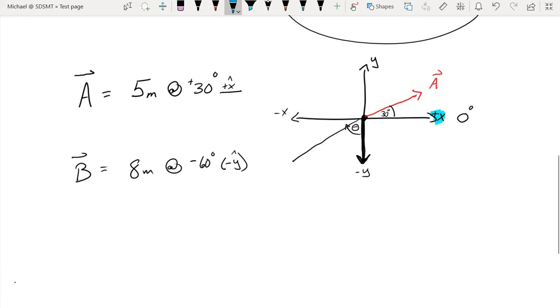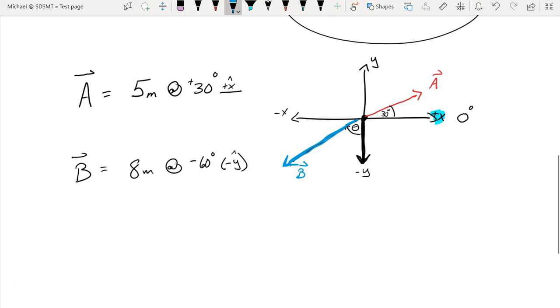Now I can put in the vector itself. So I'll use blue here for vector B. And I've drawn it a little bit longer than vector A because the magnitude of vector B is longer.